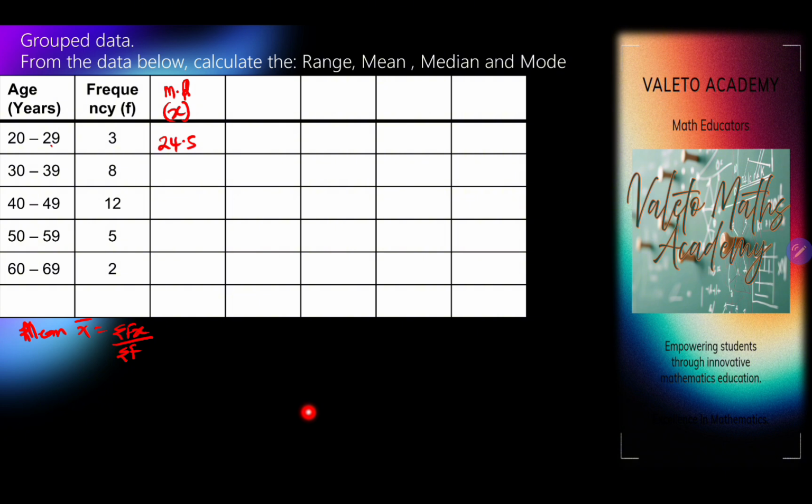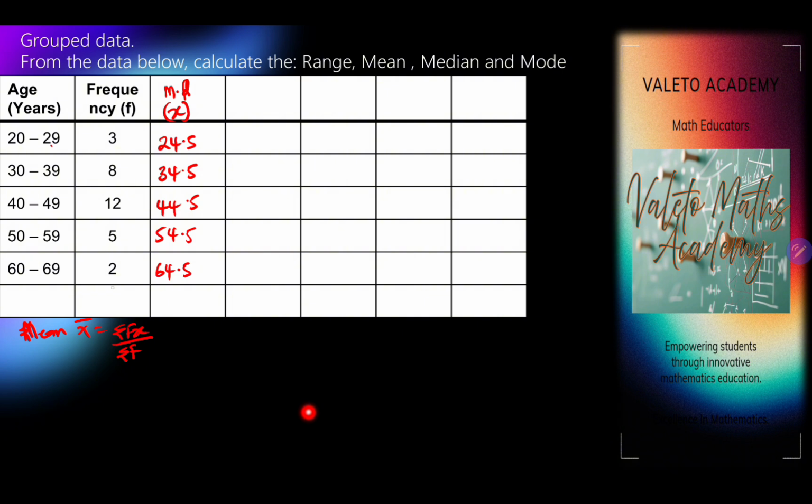Then for the second class, we do 30 plus 39, which is 69, divided by 2 is 34.5. From this, we can already see a pattern. The next class will be 44.5, the next one 54.5, and the next one 64.5. Are we together? Okay.